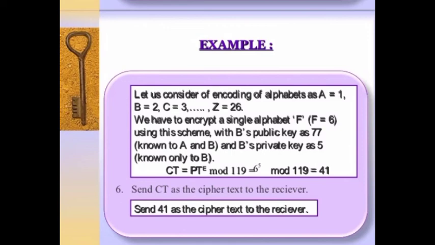So we have to encrypt a single letter F, equal to 6, using this scheme with B's public key as 5, known to A, and B's private key as 77, known only to B. So CT is equal to PT to the power of E mod 119, which is 6 raised to the power of 5 mod 119, equal to 41. And the next step is to send CT as the ciphertext to the receiver. So send 41 as the ciphertext to the receiver.